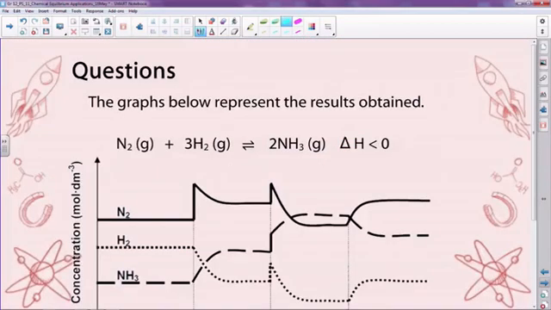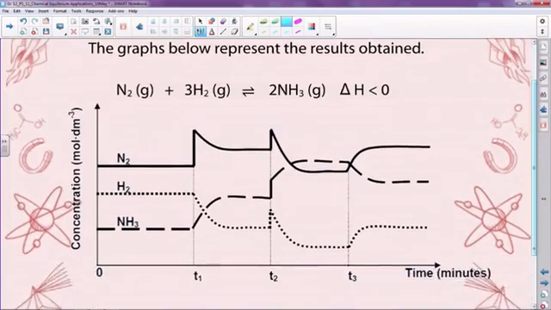So here is the graph that we get. Now, what's important with this graph is there are 3 places where he changes things. Those 3 places are here: T1, T2, T3. There were 3 things he changed: temperature, concentration, and pressure.